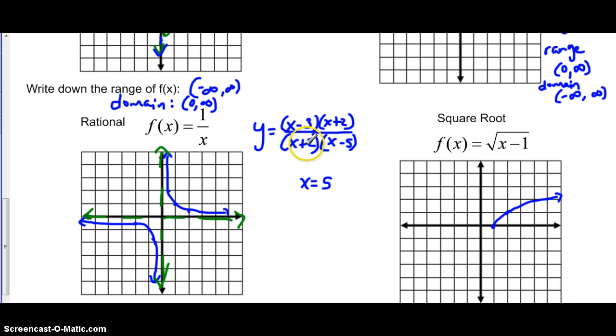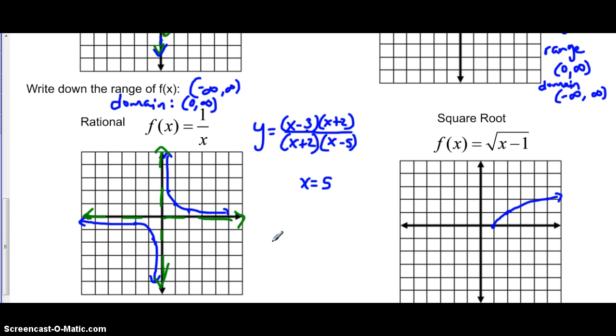It would equal 1, but it is still part of this function, so there would be a hole at negative 2. The function would be undefined at negative 2, and you would have a hole in the graph, or a discontinuous point in the graph. So that's another thing to remember about rational functions. There can be asymptotes, and there also can be just discontinuous points in the graph. And we'll look at that again at the end of the video.